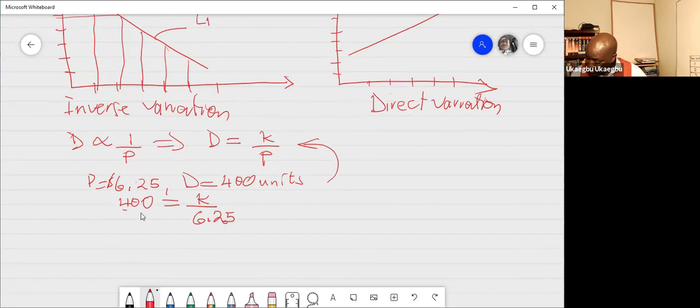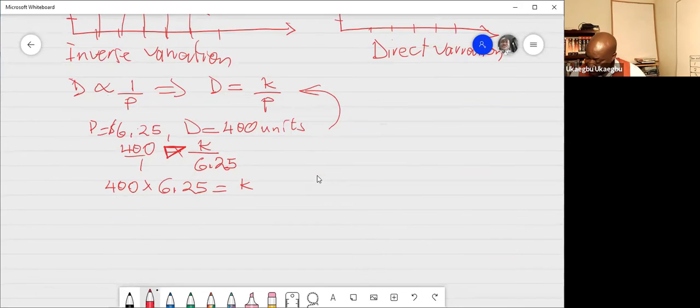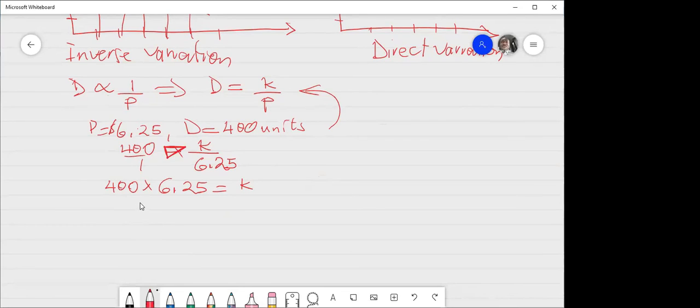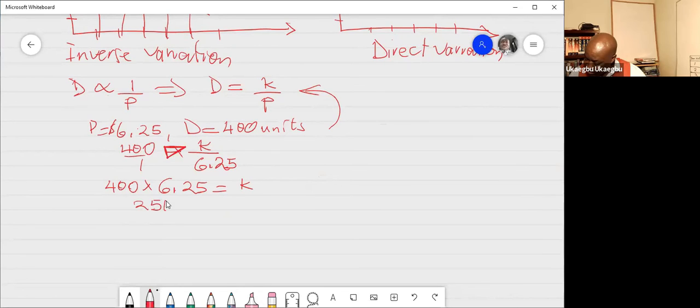If we cross multiply, 400 multiplied by 6.25 is equal to K. Punching the numbers quickly, use your calculator. 2,500. Okay, 2,500 is the K.